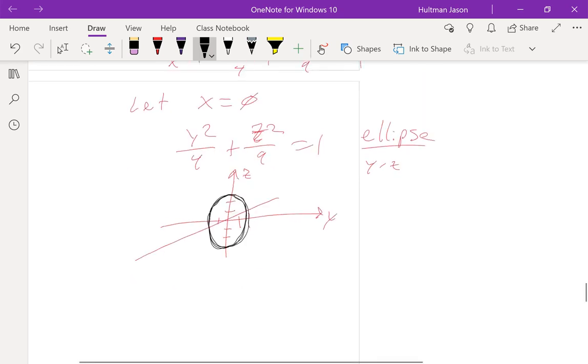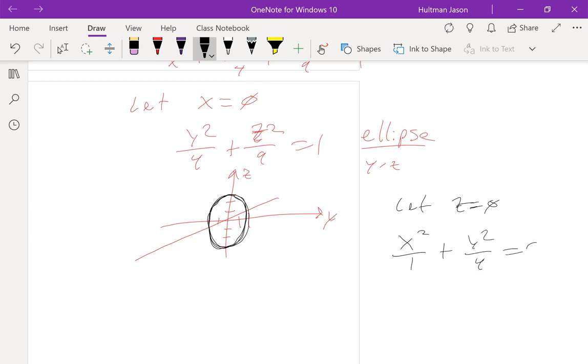Now let's let z equal 0 and see what happens on the floor here. With z equal to 0, this is going to be x squared over 1 plus y squared over 4 is equal to 1.